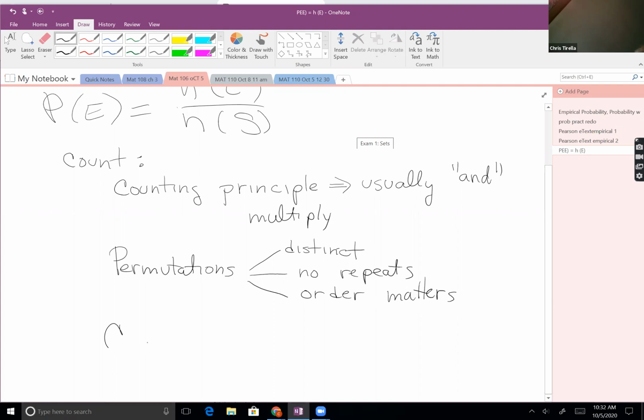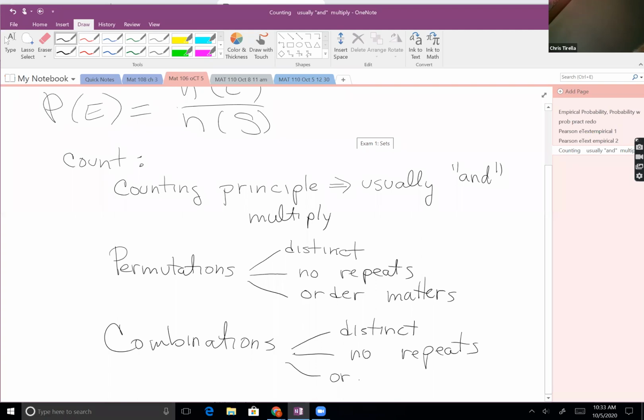And we have combinations, which are distinct, no repeats, and order does not matter. If I'm remembering correctly, that kind of takes care of everything that we've done since we finished looking at sets.